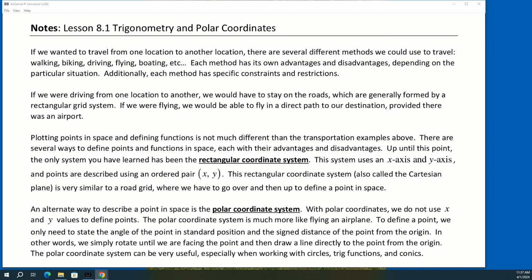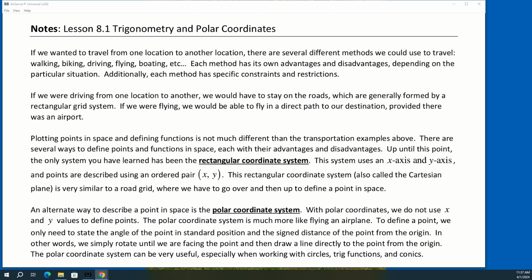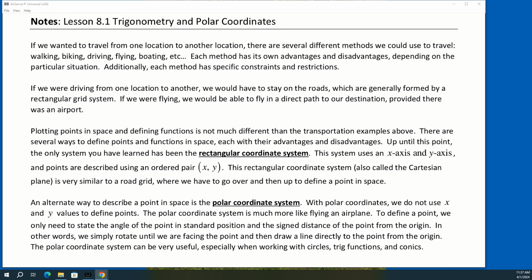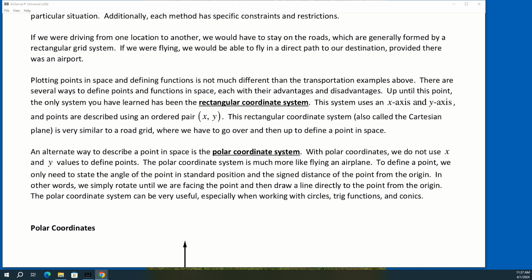Okay, and so when we travel in air or in the sea, the rectangular coordinate system sometimes isn't efficient enough to be able to locate a coordinate point. And so we are going to start talking about a brand new coordinate system that's based on circles, called the polar coordinate system.